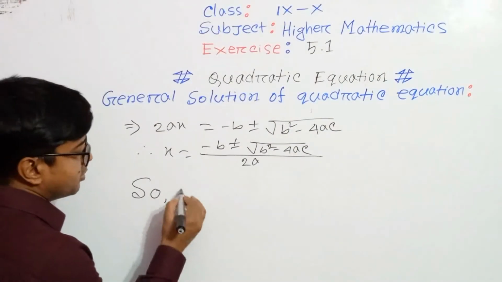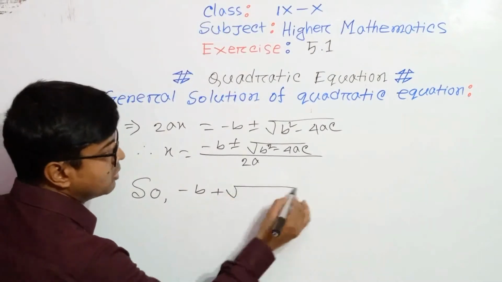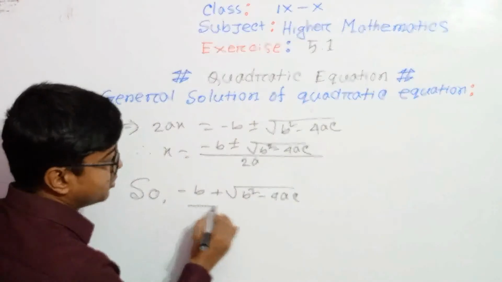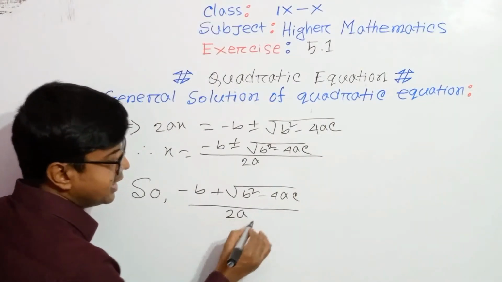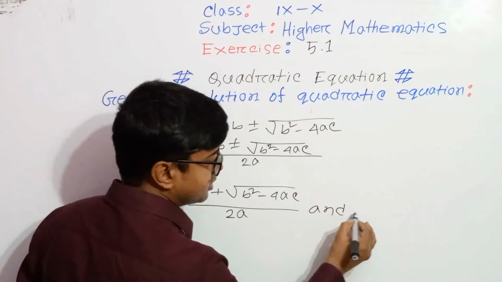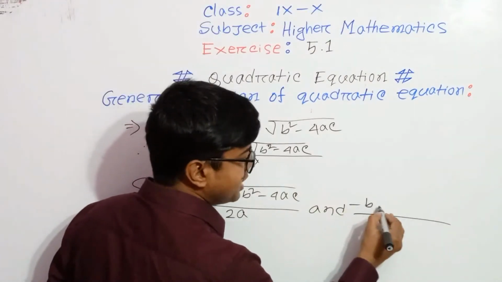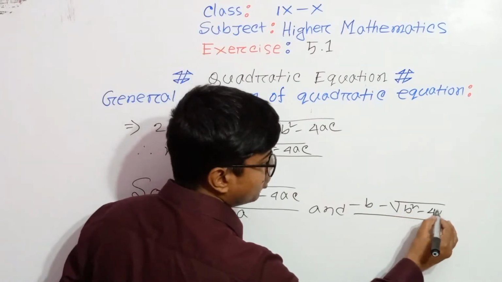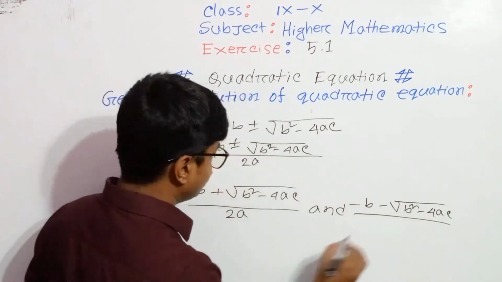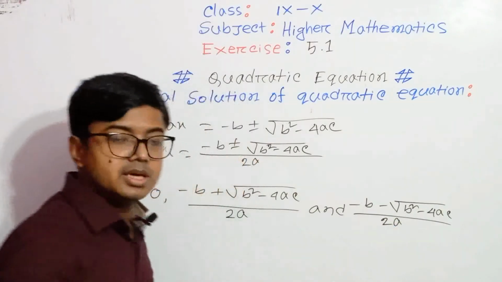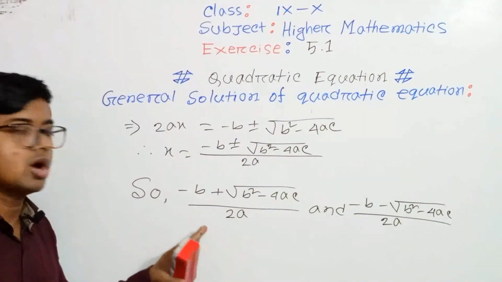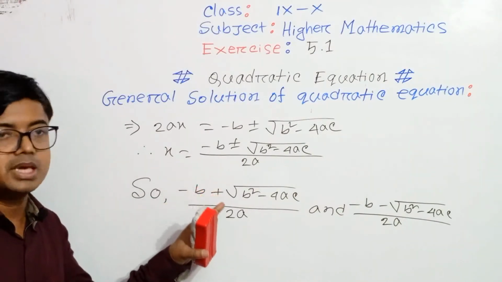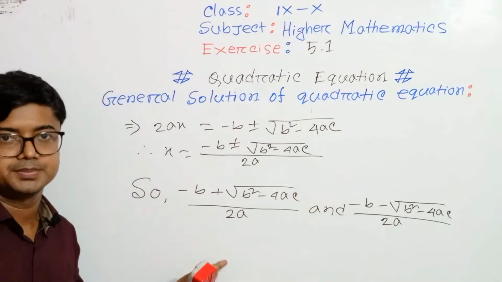So minus b plus root over b squared minus 4ac by twice a, and minus b minus square root b squared minus 4ac by twice a is the general solution of the quadratic equation ax squared plus bx plus c equals 0.